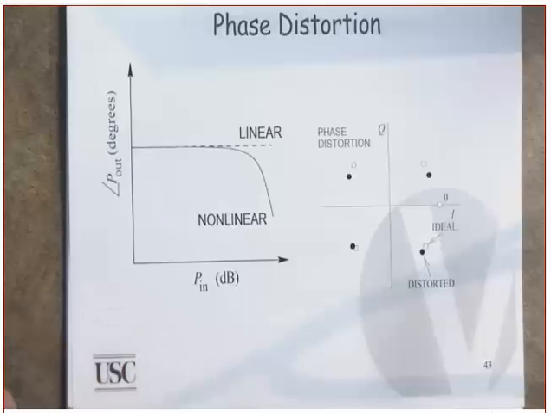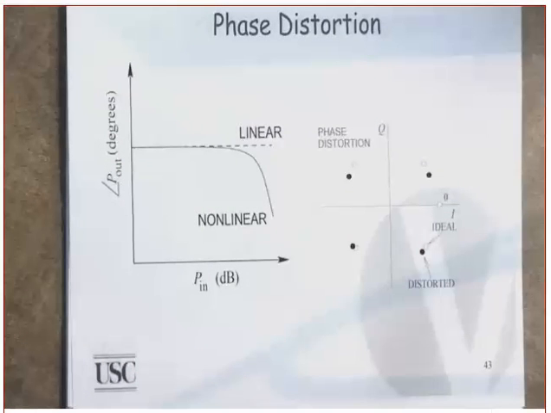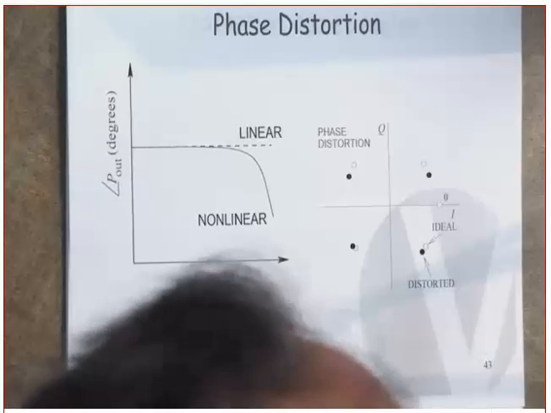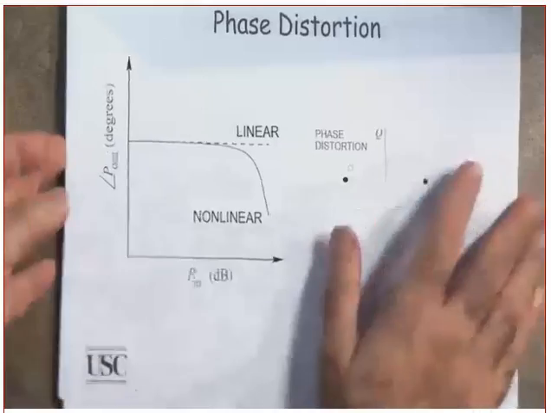When I say no phase distortion, it means no pulse smearing. Delay is okay, but no pulse smearing. What should the phase characteristic be?